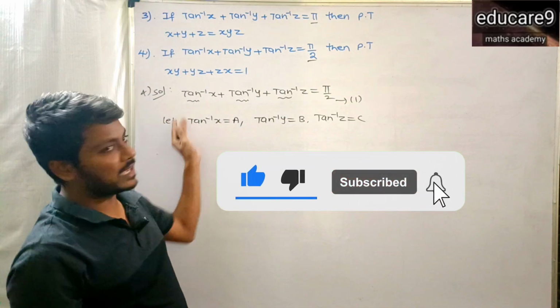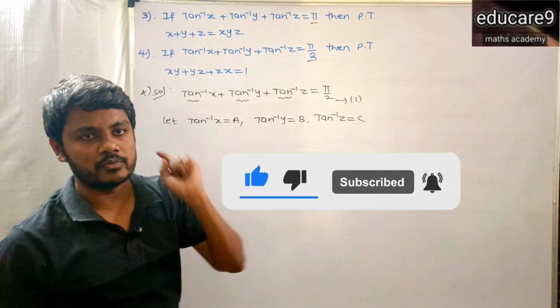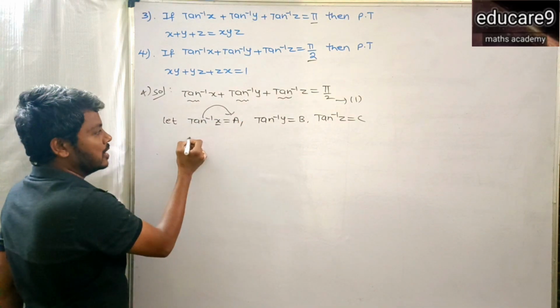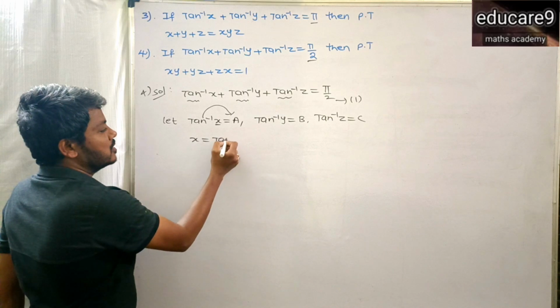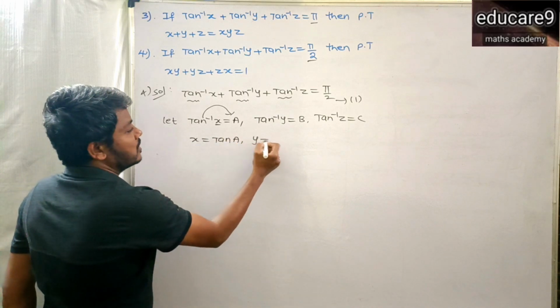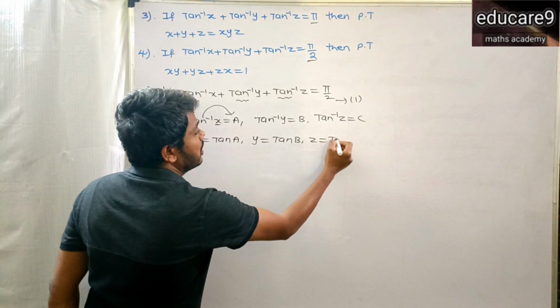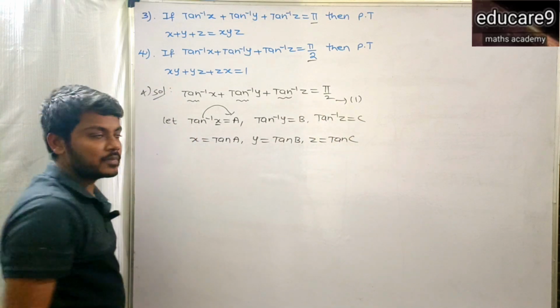For that, you can send tan⁻¹ to the right hand side, and it becomes tan. Therefore x is equal to tan A. Similarly, y is equal to tan B and z equals tan C.